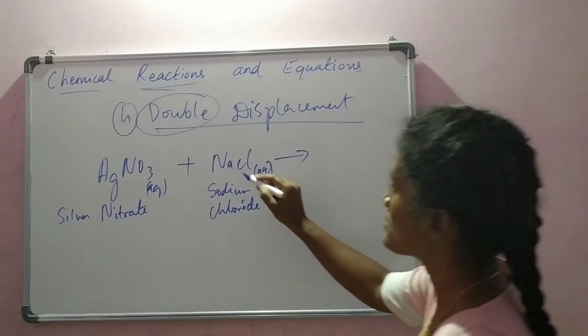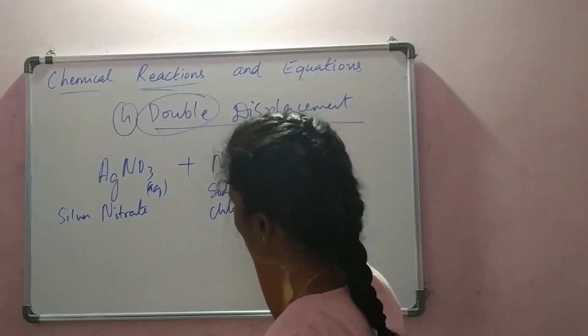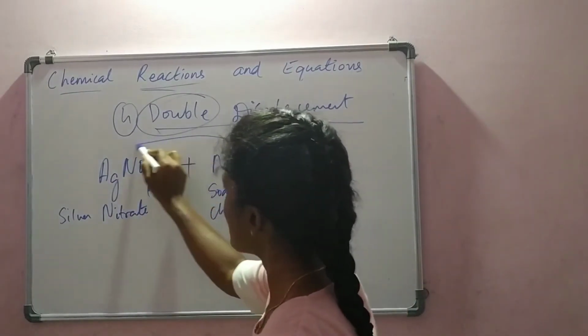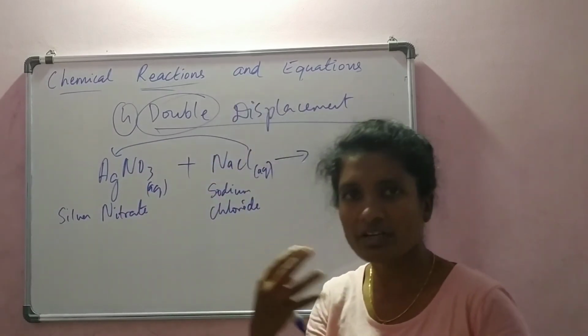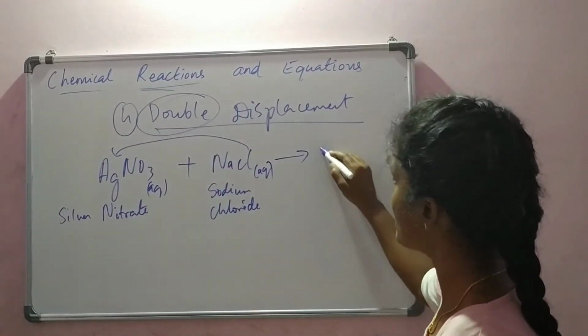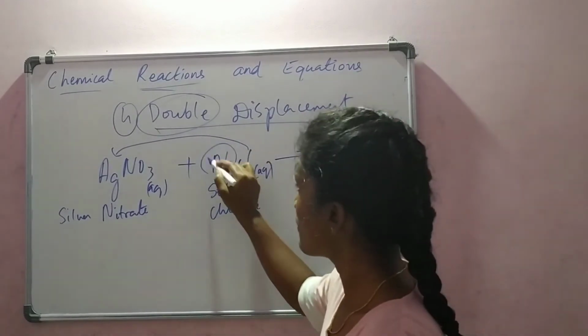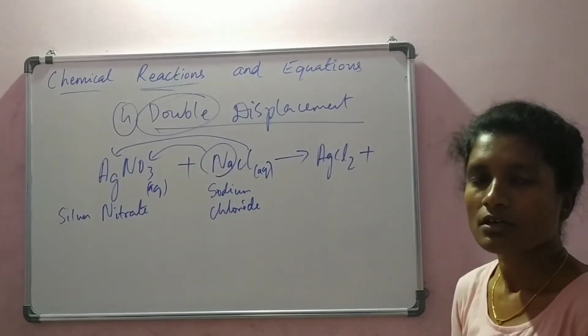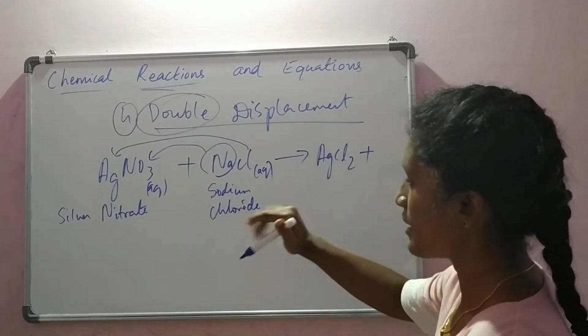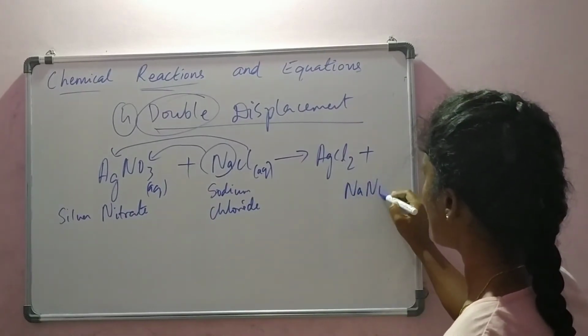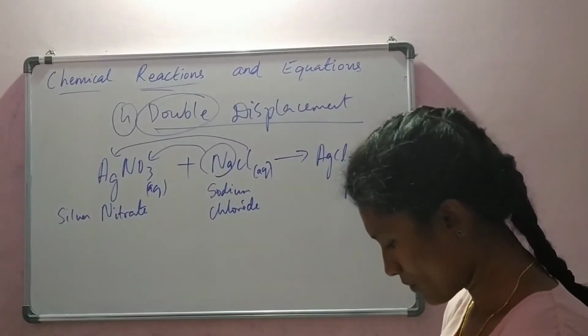What happens? As I told, each one reacts with the other. So Cl combines with Ag, so we get AgCl. Then Na combines with the nitrate ion, so that forms NaNO3. Yes, NO3.